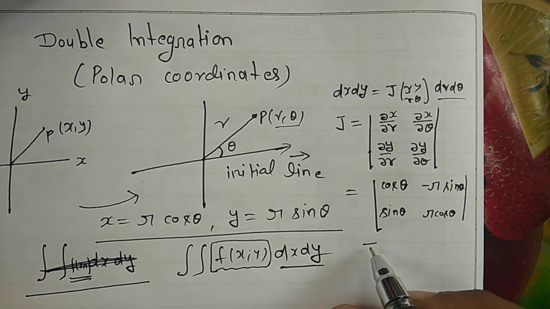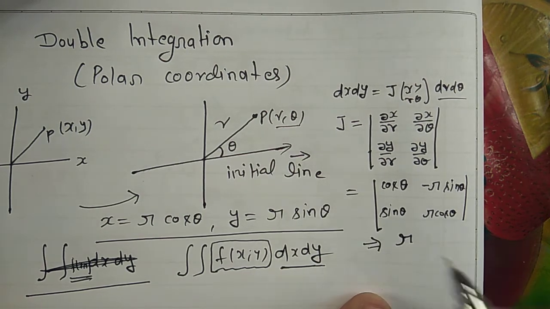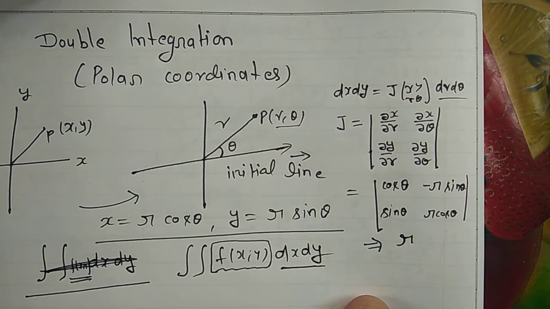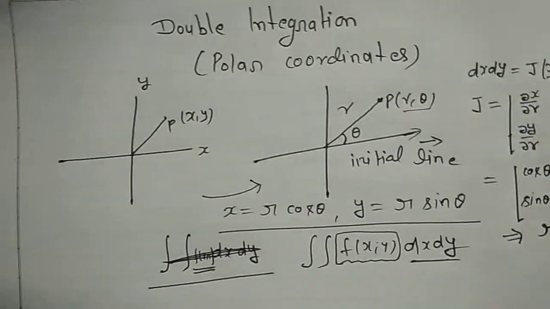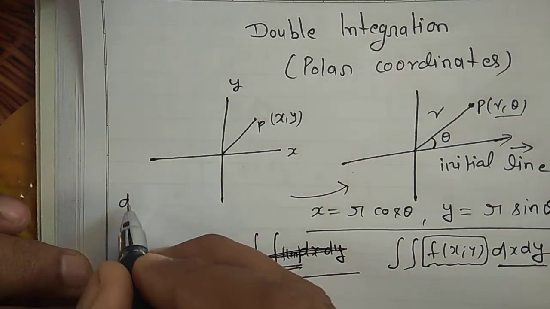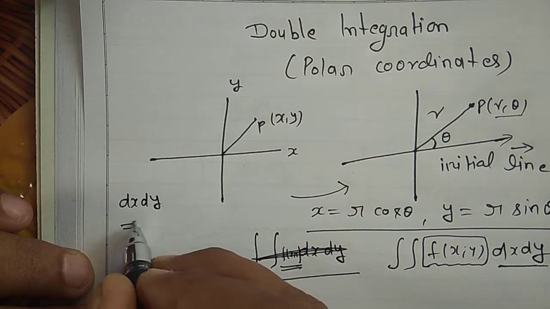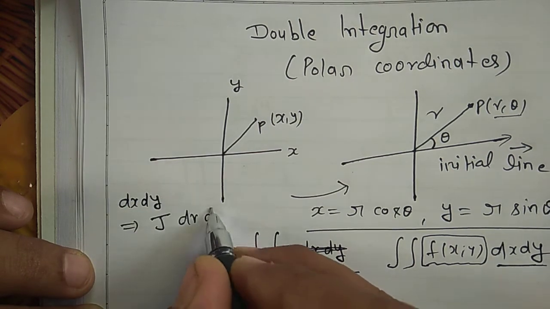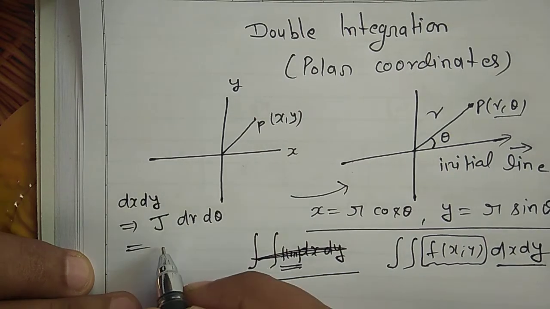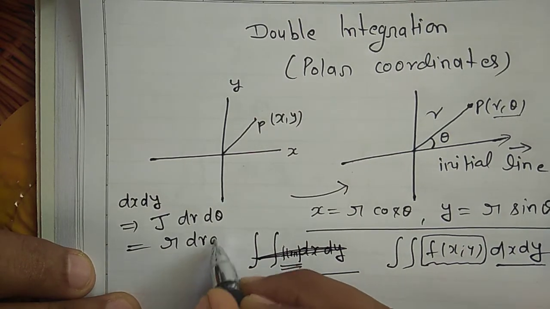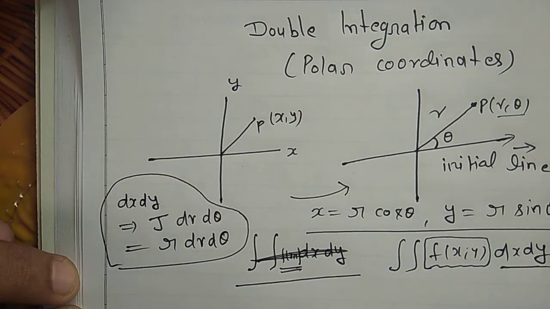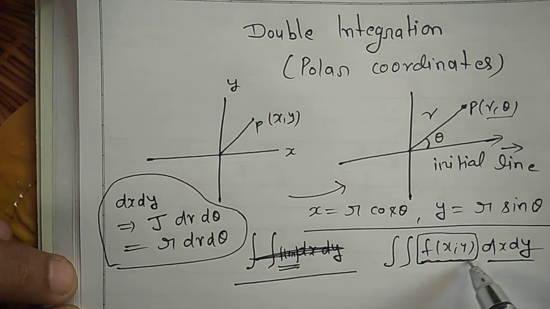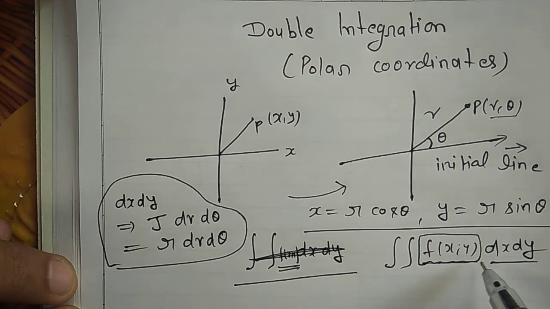If you simplify, we get r into cos square theta plus sin square theta. So we got that dx dy equal to Jacobian dr d theta. So Jacobian equal to r, so r dr d theta. So dx dy equal to r dr d theta, and this function we have also changed by putting x equal to r cos theta, y equal to r sin theta.